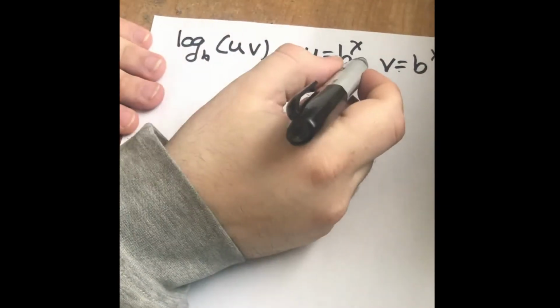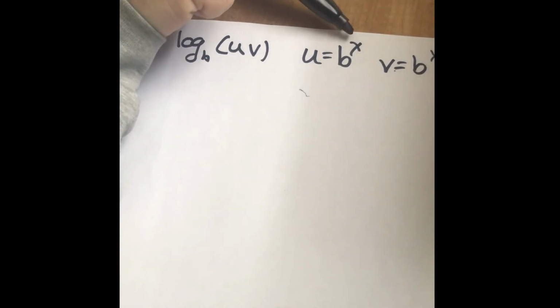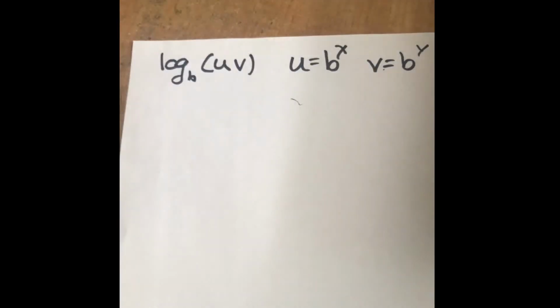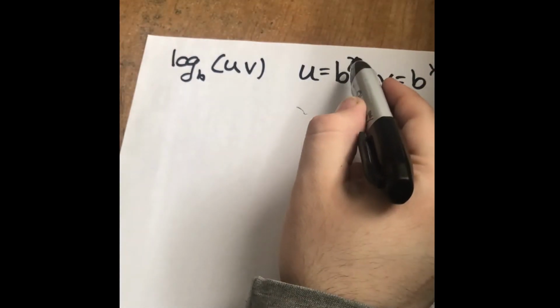Why is u equal to b to the x? Because I'm saying that there exists somewhere out in the world some number that makes this expression true. I don't know what x is, but it's out there. It might be irrational, it might be whatever, but it's out there.